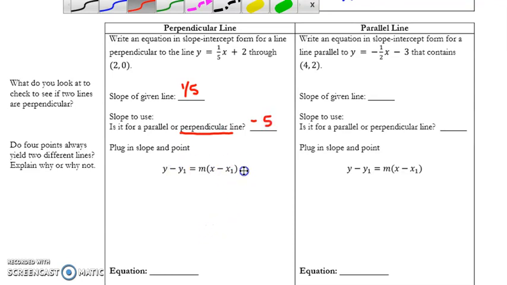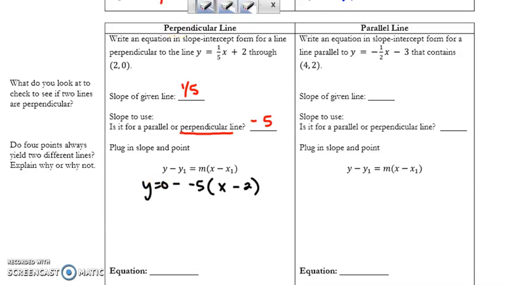So we're going to plug it into point slope form down here using our point, using our slope that we just found, not the original because we want perpendicular to it. So x is 2, y is 0. Oops, should be -0 equals. There we go.